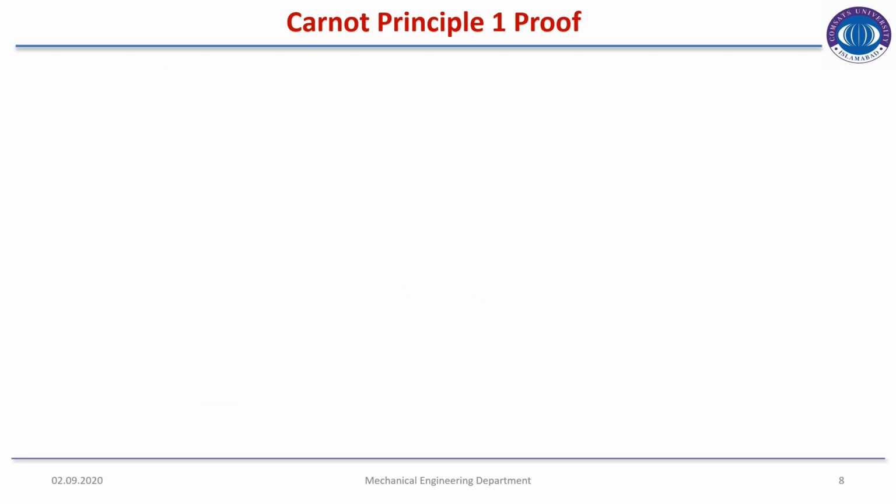Carnot principle 1 proof. So we have the proof of Carnot's first principle. The first principle suggests that if we have two heat engines, one reversible and one irreversible, then the efficiency of the reversible heat engine will be greater than that of the irreversible heat engine, provided they both have the same thermal energy reservoirs, that is, both source and sink have the same temperatures.